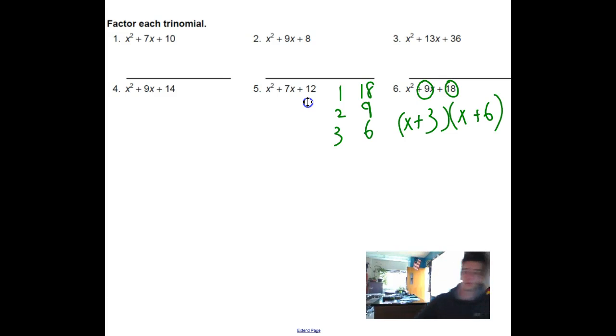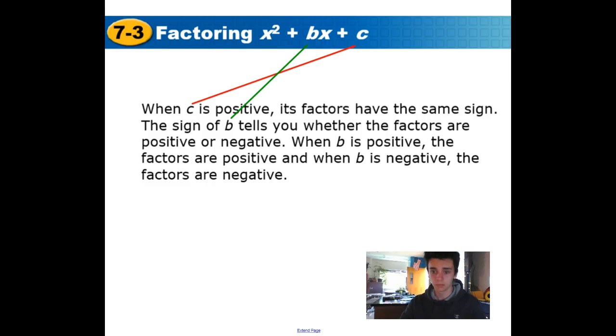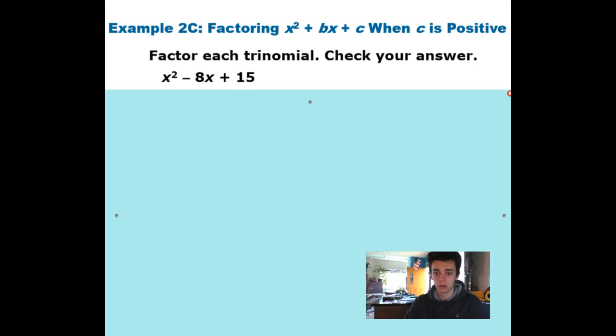Alright, moving on in the lecture. When c is positive, its factors have the same sign. The sign of b tells you whether the factors are positive or negative, because a negative times a negative is a positive. So if c is positive and b is negative, then we know that both terms in the parentheses are going to be negative instead of positive. An example here: 15 is positive, but since b is negative, both terms in the parentheses are going to be negative.